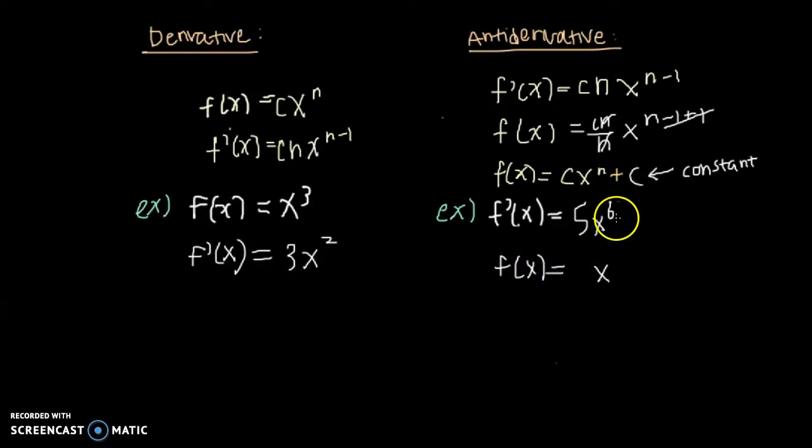Now we have to add 1, so 6 plus 1, and then divide the constant by n, which is 6 plus 1, which is going to be 5 over 7 times x to the 7. And then we have to add c at the end.